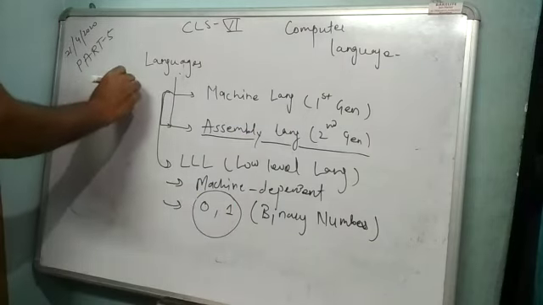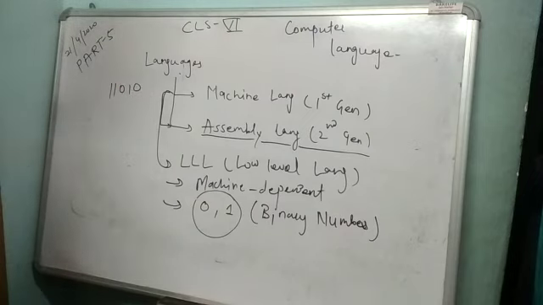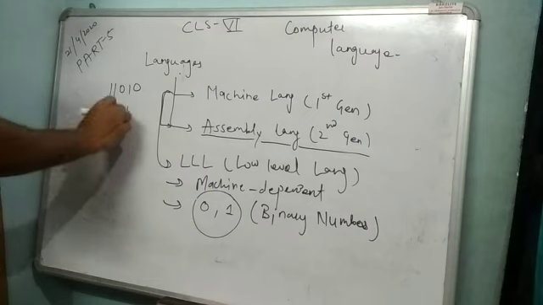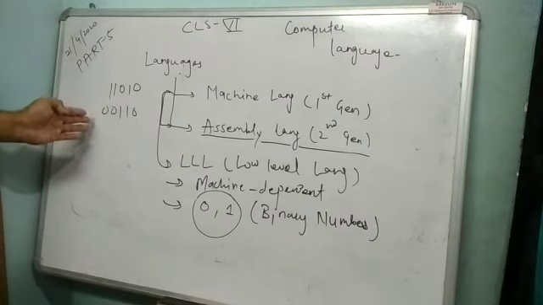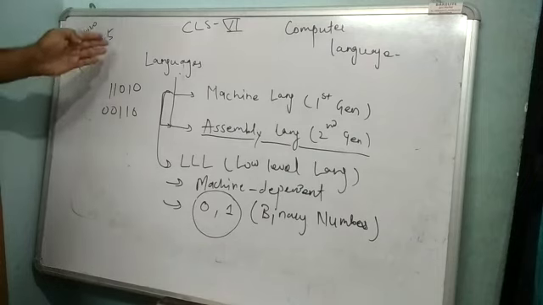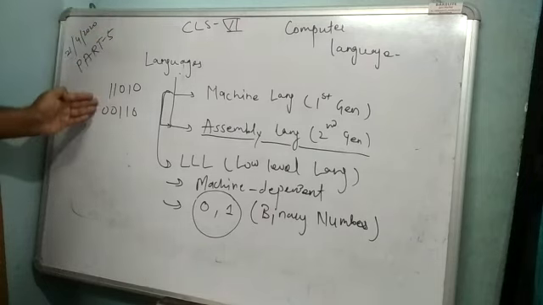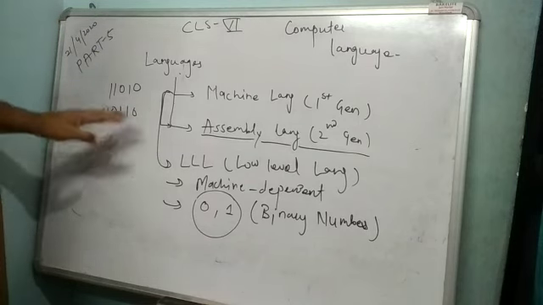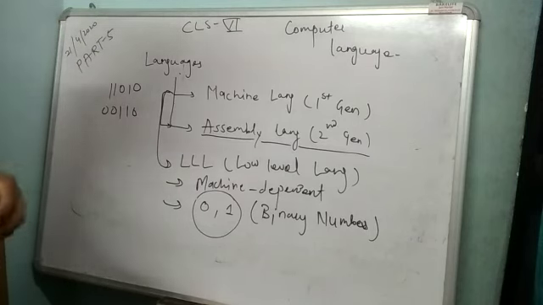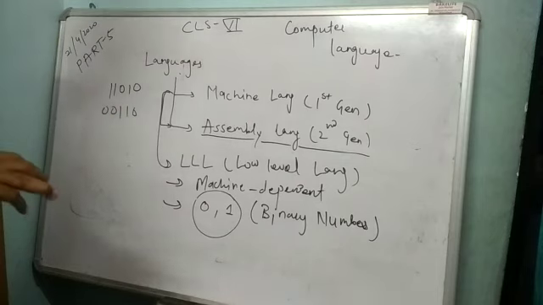Suppose 1 0 0 1 is an instruction to open a file, or 0 0 1. Let's see how tough it is to remember and implement these kinds of instructions. Machine language was very tough to learn and very tough to implement.